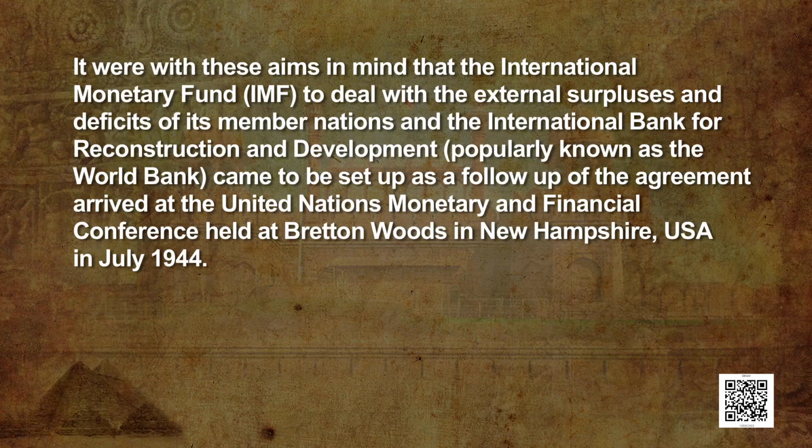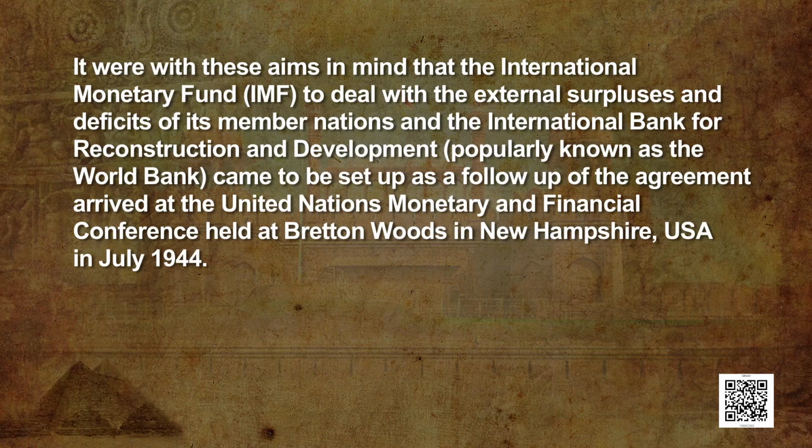that the International Monetary Fund and what we now know as the World Bank were instituted. The International Monetary Fund was set up to deal with the external surpluses and deficits of its member nations, and the World Bank, the proper name of which was the International Bank for Reconstruction and Development, came to be set up in order to finance the war reconstruction around the world.